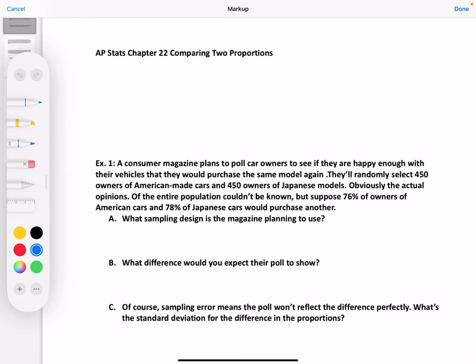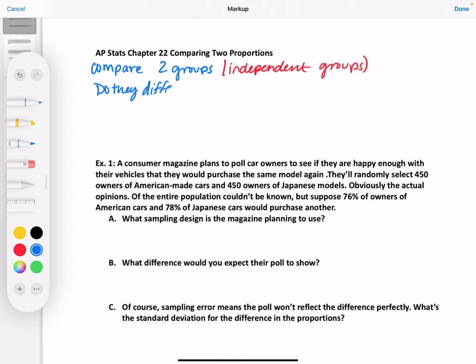All right, so comparing two proportions. Basically, in short, we are going to compare two groups. They're independent groups. Then we want to know, do they differ? By how much?